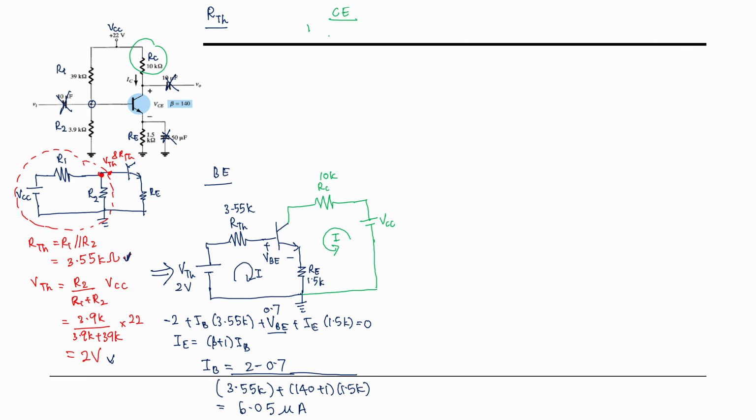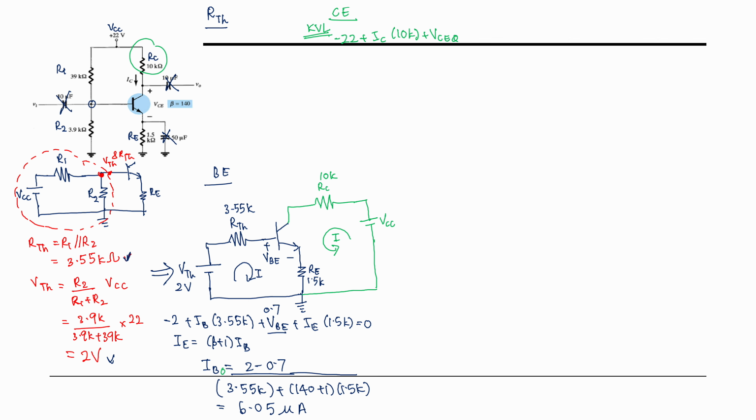So your KVL will be how? The KVL will be negative 22, plus IC 10K, plus VCEQ, don't forget about that.